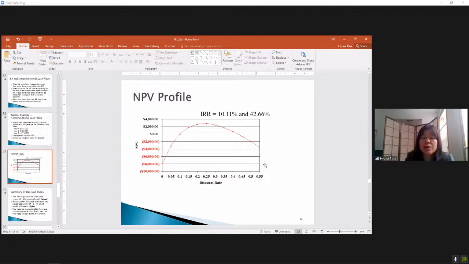Okay. So this is the NPV profile of the numerical example. As you see, when we vary the discount rate, NPV changes. The discount rate that makes the NPV equal to 0, there are two discount rates, 10% and 42%.